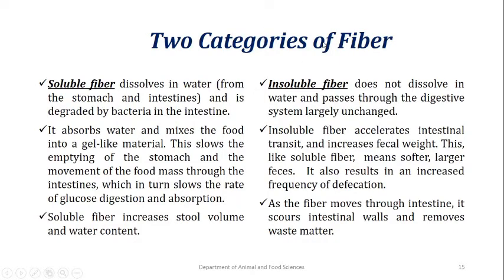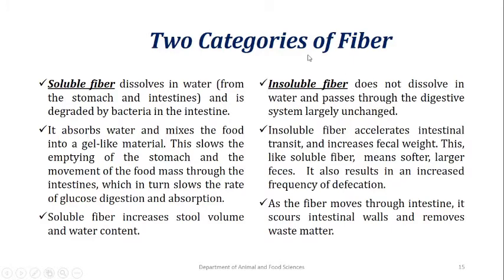And insoluble fibers are not fermented and they are excreted from our body with the stool. The examples for soluble fiber are pectin and some gums. Pectin and some gums dissolve in water.